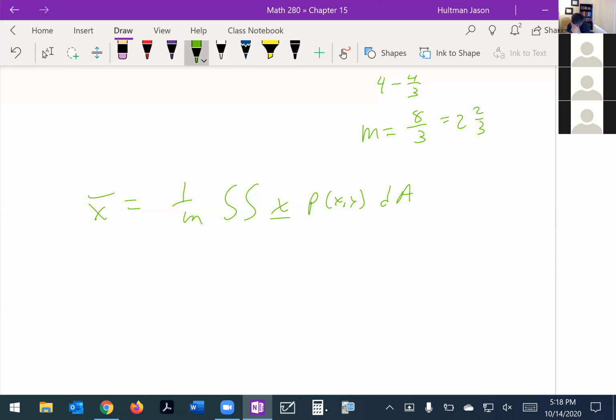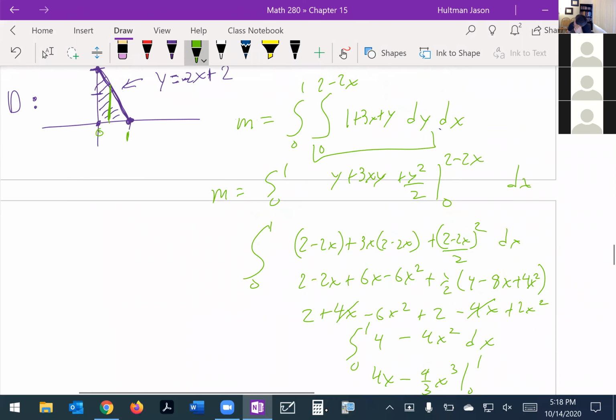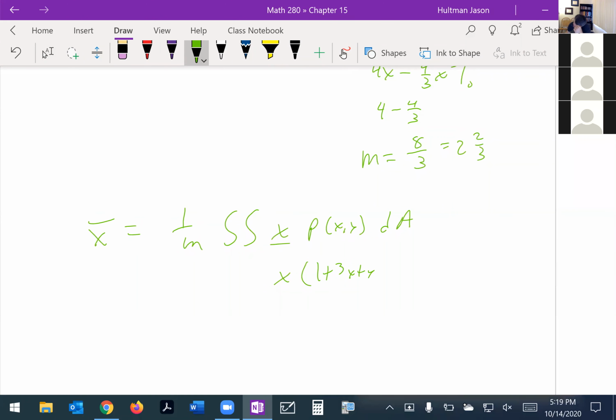And so I don't want to have to do integration by parts if I don't have to. So this is going to be x times, what was the original function? 1 plus 3x plus y, times dy dx, with the same limits of integration, 0 to 1 and 0 to 2 minus 2x. And this is going to be 1 over m, which is just the reciprocal of 8/3, so that's 3/8.